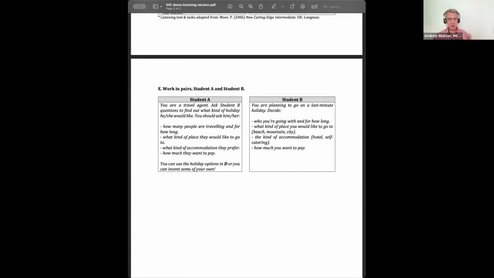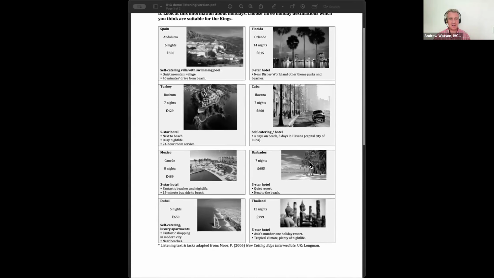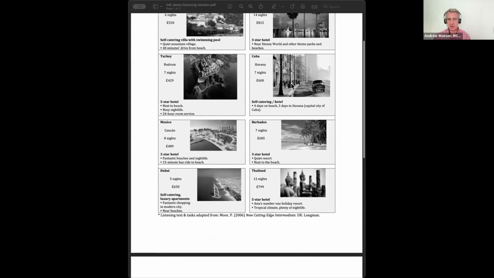Okay, so I'd like you to pretend to be those people and negotiate, try and decide on a suitable holiday based on those different options that you've just seen, right? The 8 different options. Which do you think will be the most appropriate? Okay, so I'll give you a maximum of 7 minutes to do this, so you have to do it fairly quickly.